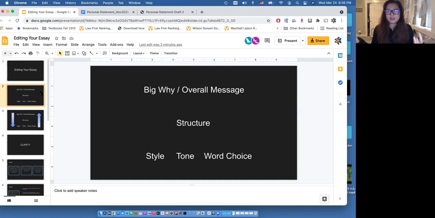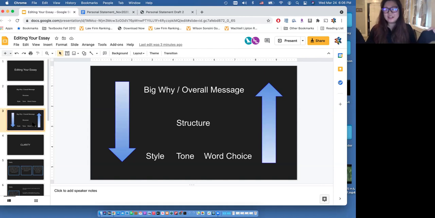Where to start editing? I say from the top down. You could theoretically go bottom up, from style to word choice and then structure and big why. However, I do think that you might be doing more work than necessary.